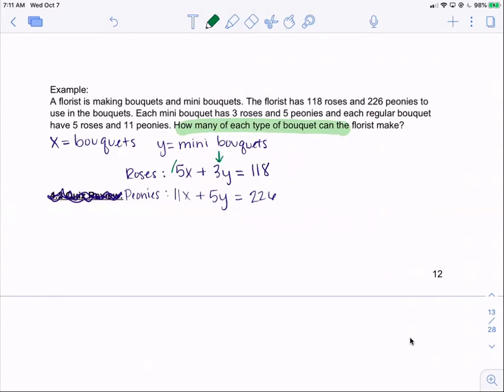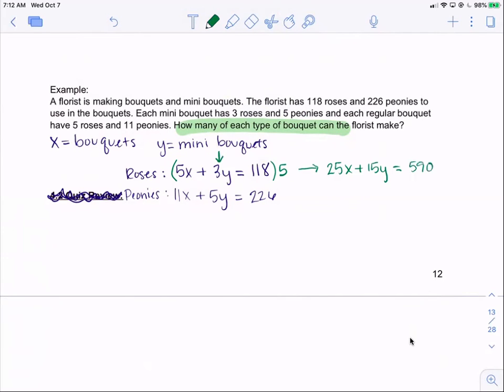So I'm going to multiply this top equation by 5. If we do that, we get 5 times 5 is 25x plus 5 times 3 is 15y equals 118 times 5, 590.